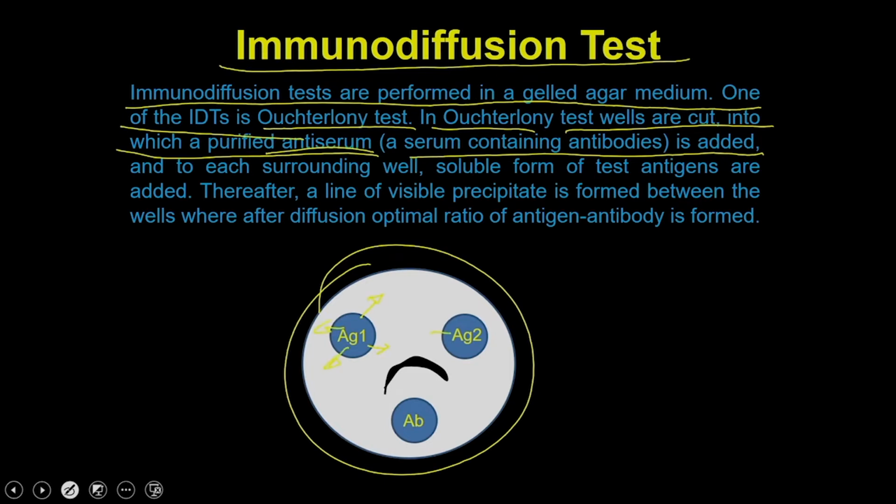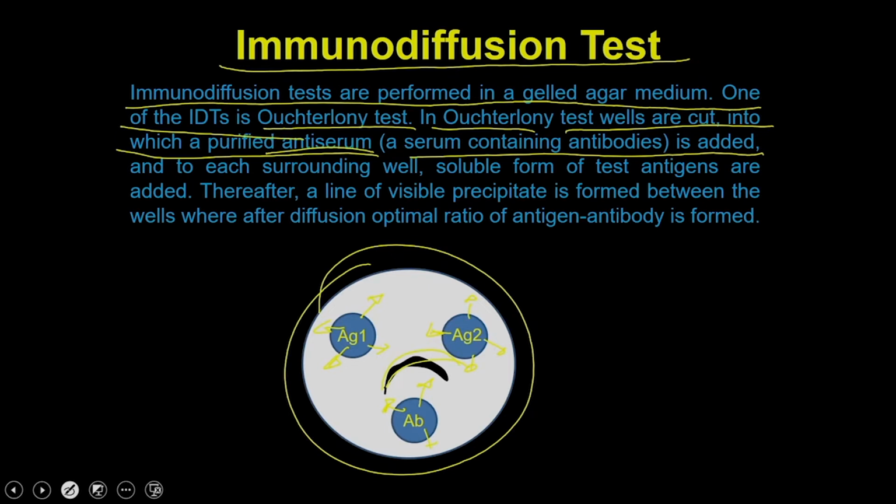Similarly, you can imagine that antigen 2 is also diffusing, and the antibody is also diffusing into the agar. When they are diffusing, they meet each other, and at their meeting point they form the precipitate.